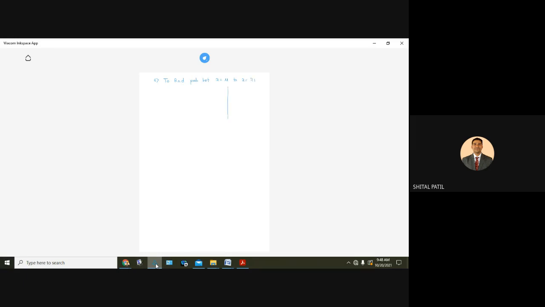Let me show it geometrically first, and then we'll do it algebraically. This is the normal curve. Here is the maximum frequency line.